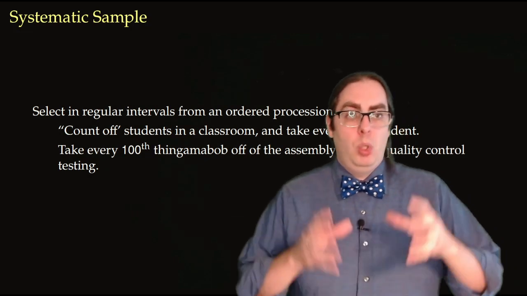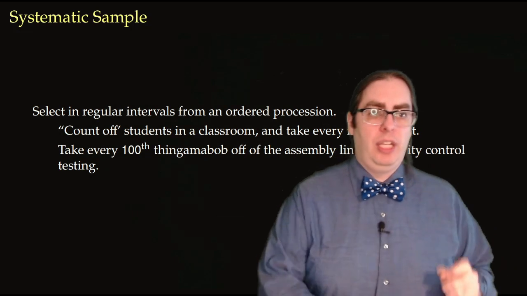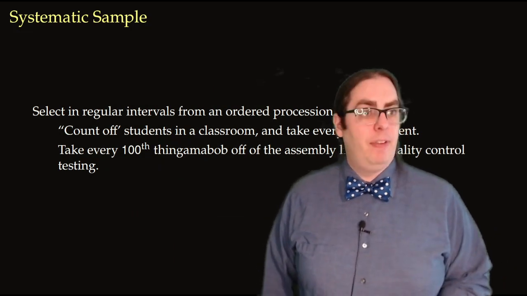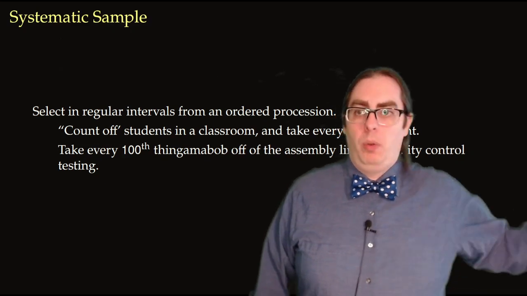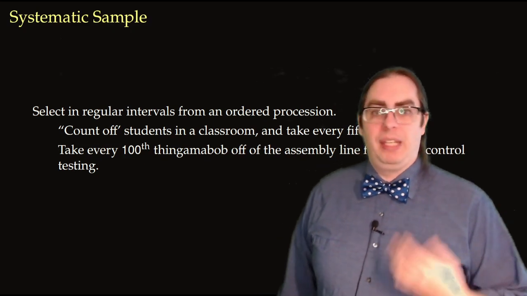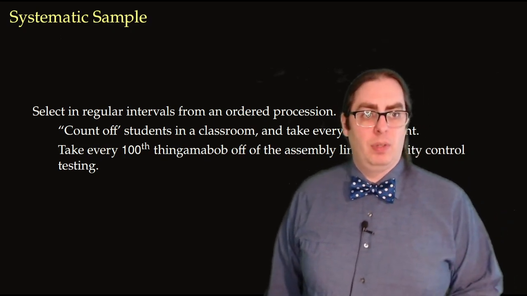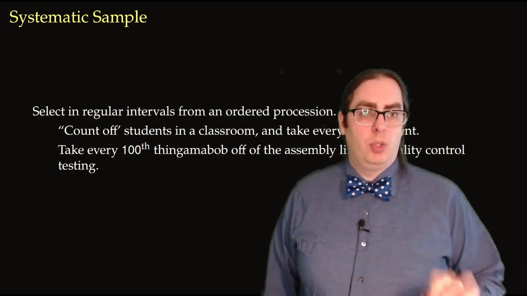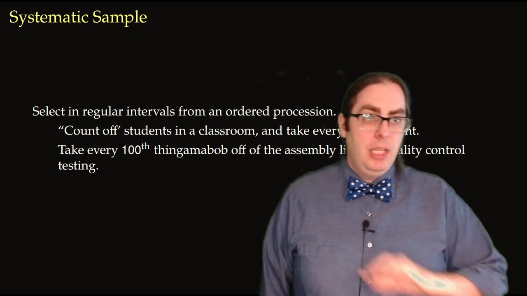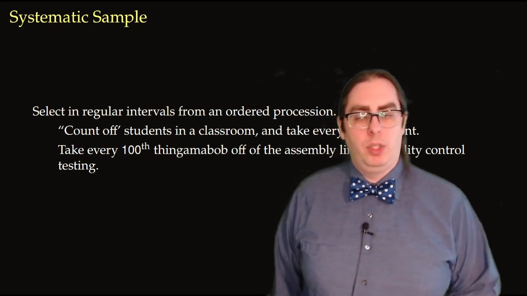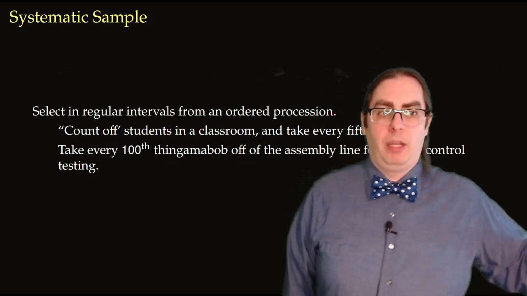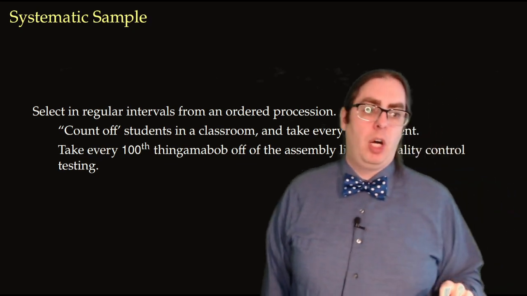If you have chosen that you're going to take the students filing through the door and take every fifth student, well, whoever lined the students up didn't know that, so they don't know what's coming and they can't make predictions. Likewise, if you've decided that you're going to take every 100th thingamabob off of the assembly line, but you have not communicated that to anyone who is working on the assembly line, then there's no way for them to make predictions about which one is going to come off.